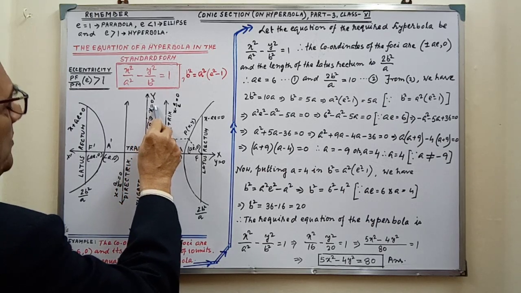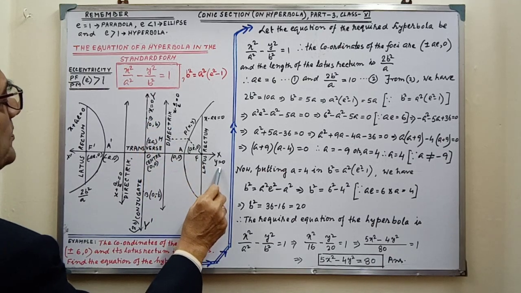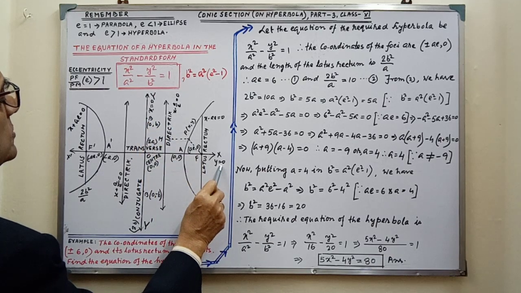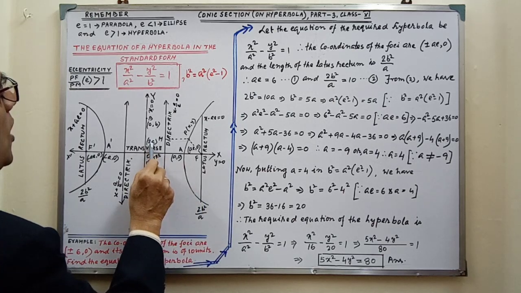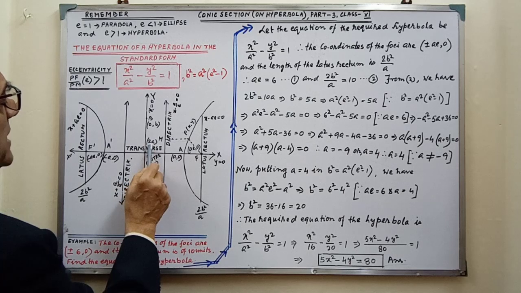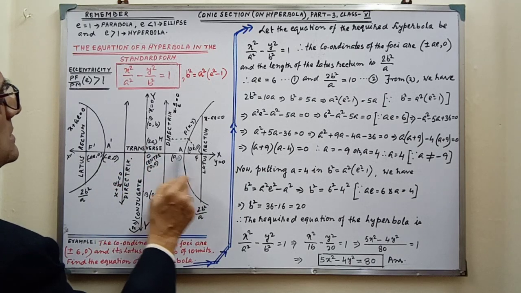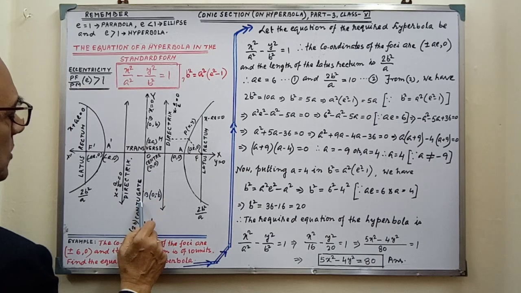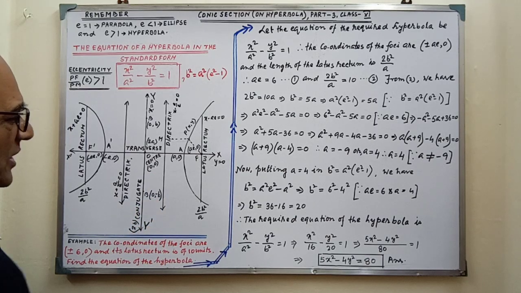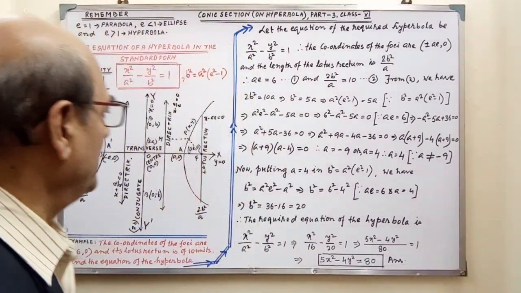The equation of the conjugate axis is x equal to 0, and the equation of the transverse axis is y equal to 0. The length of the transverse axis is 2a, and the length of the conjugate axis is 2b. Don't be confused, you must notice attentively, then it will be clear.